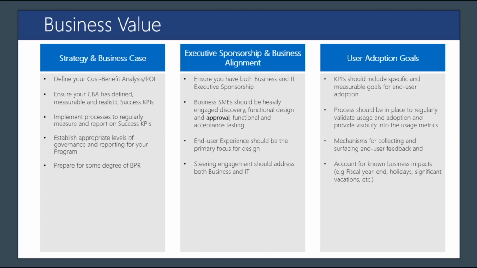You also want to implement processes as part of your program to ensure that you're regularly measuring and reporting on these success KPIs so that you can see and track progress and begin to identify where you may need to refine your change management strategy and your user adoption strategy if, for example, something is not achieving the way that you had expected in a period of time.